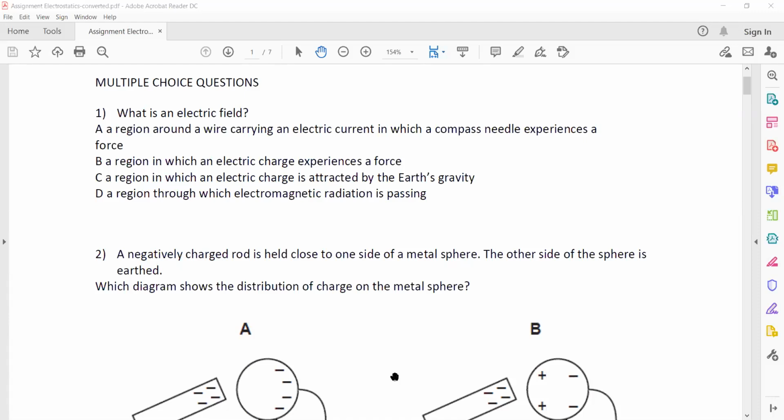I want participation from everyone. So, B is the right answer. What about the first one? A region around a wire, that is actually magnetic field that we'll discuss. But electric field is a region where electrical charges can experience force.